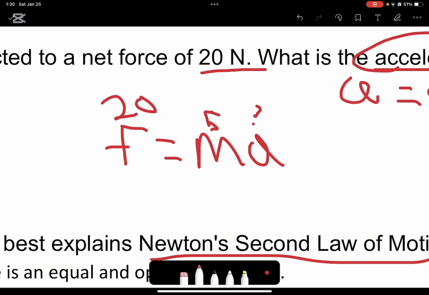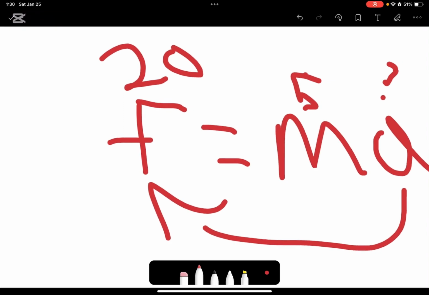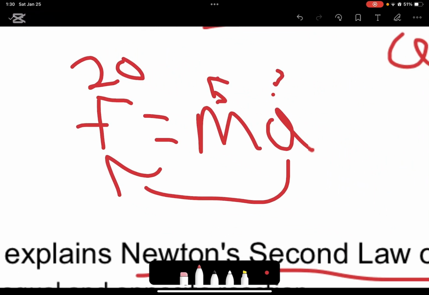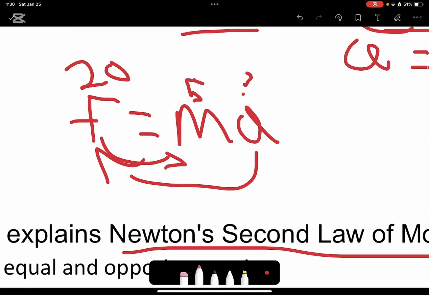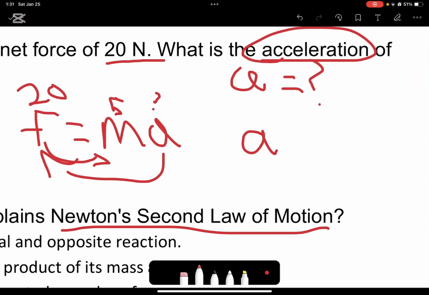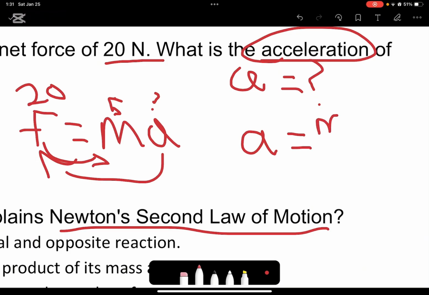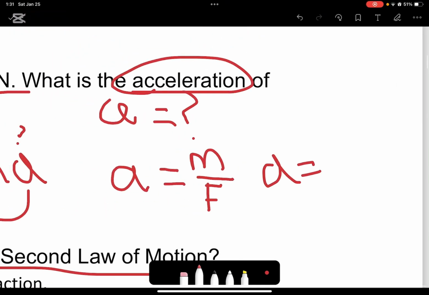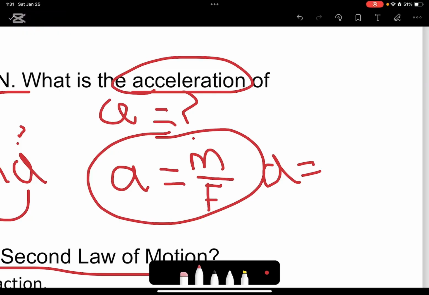So what we do is, instead of putting F after the equal sign, just put A, and bring the F under M. So it's going to be A equals force over mass. Since we have mass 5, I'm going to put it right here. This is the formula if you want to find acceleration.